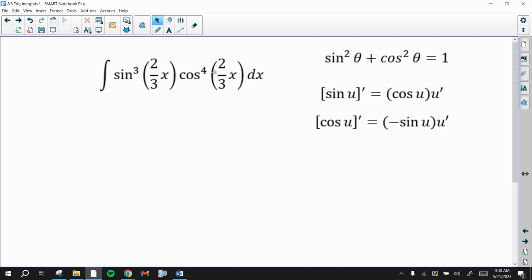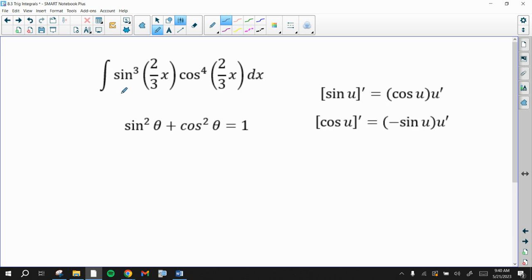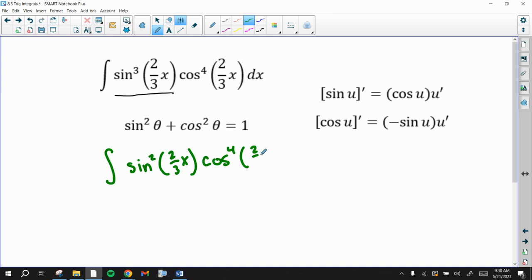This Pythagorean identity can be used to change cosines into sines, or vice versa, whatever you need. So if you look at this problem carefully, I can take this sine and think of it as, instead of sine cubed, sine squared times sine, and I won't write that sine just yet.